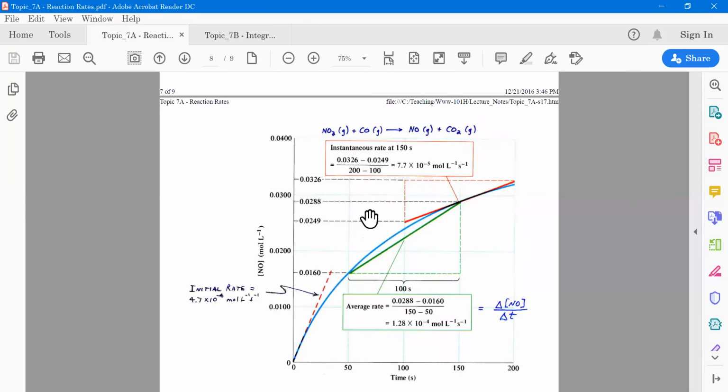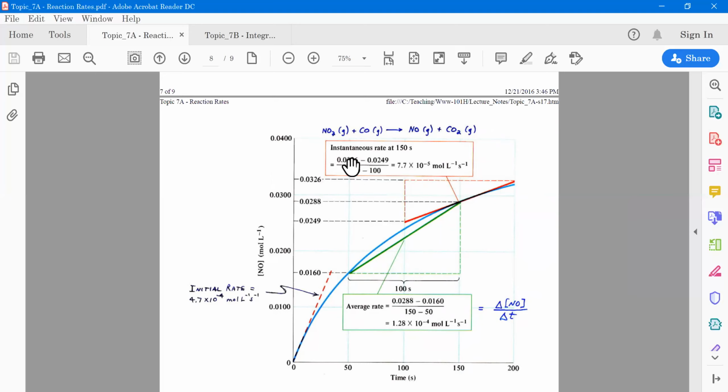The numbers shown on here simply reflect the endpoints of that red tangent, so that it goes from 0.0249 moles per liter for concentration at 100 seconds up to 0.0326 moles per liter at the highest, which was 200.